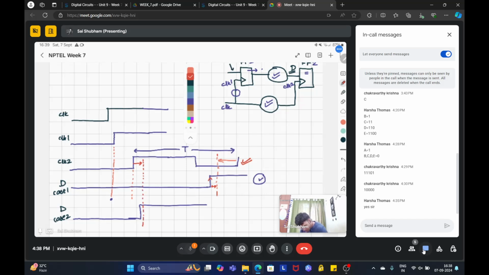Okay. So the data should not change here at this point. So these are the two conditions that you have to check. This is known as setup time requirement that you have to check. This is hold time. Okay.